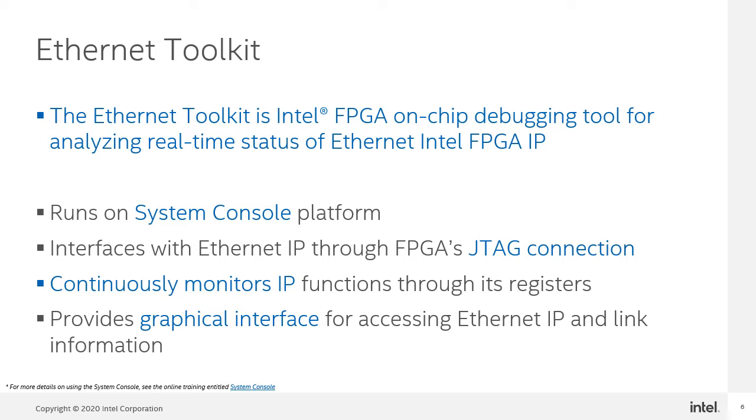It works by monitoring the IP core's register space for information, so you do not need to know the register addresses and bit fields, and the tool is programmed to interpret this information for you. The gathered information is then displayed to you using an easy-to-use graphical interface. It also allows you to write to registers to change core settings and to enable and disable core features.